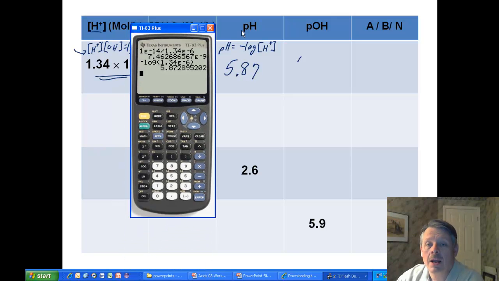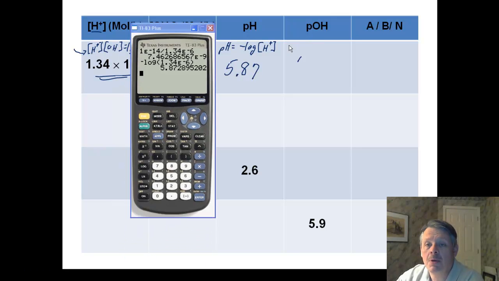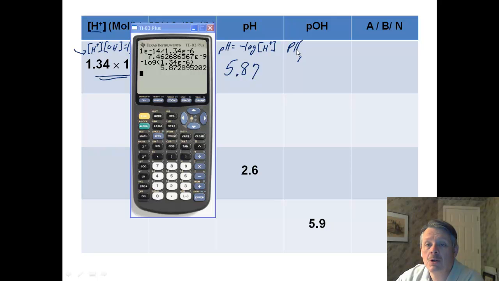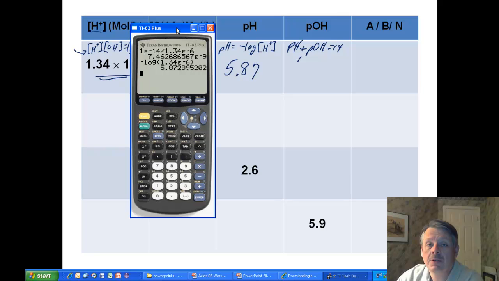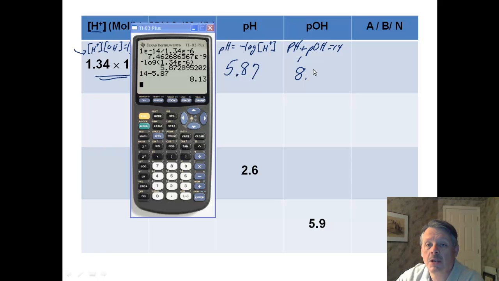I know that my pH plus my pOH is equal to 14. So all I have to do is take 14 and subtract 5.87. That gives me 8.13. So that's 8.13.